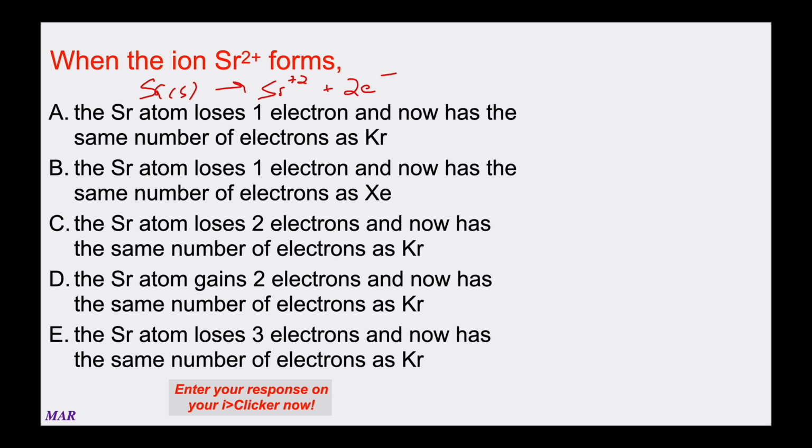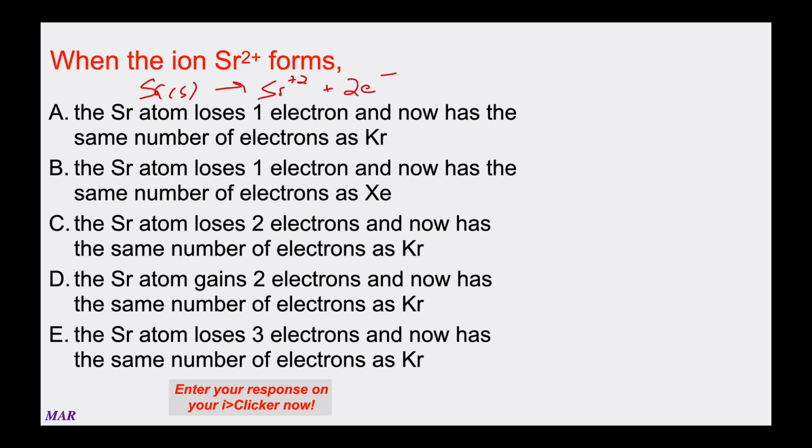If you lose 2 electrons, then you still have 38 positive 1 protons, but only 36 negative 1 electrons. So 38 minus 36 essentially is where the positive 2 comes from. Those 2 electrons are lost, more protons than electrons, that becomes a positive ion.